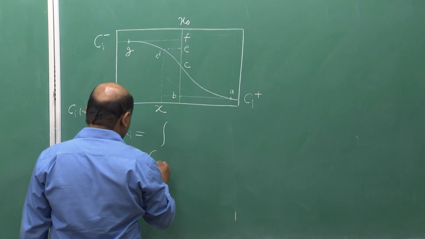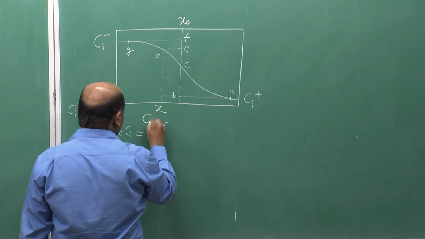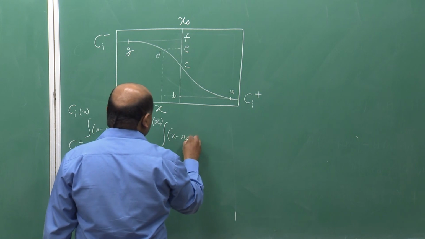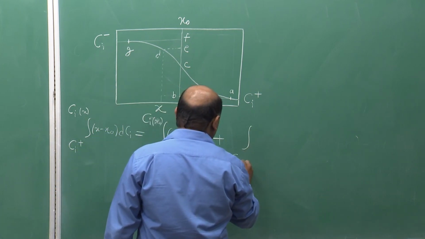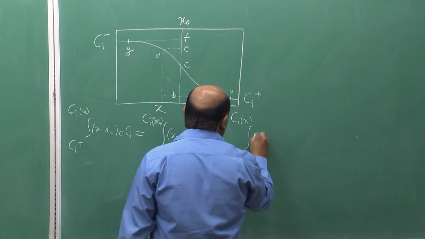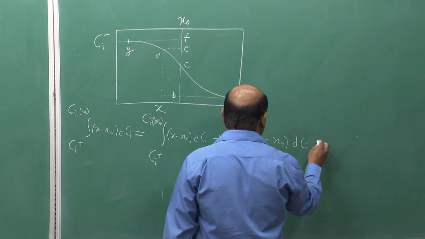You can write integral Ci plus to Ci at x naught, x minus x naught dCi plus integral Ci at x naught to Ci at x, x minus x naught dCi.